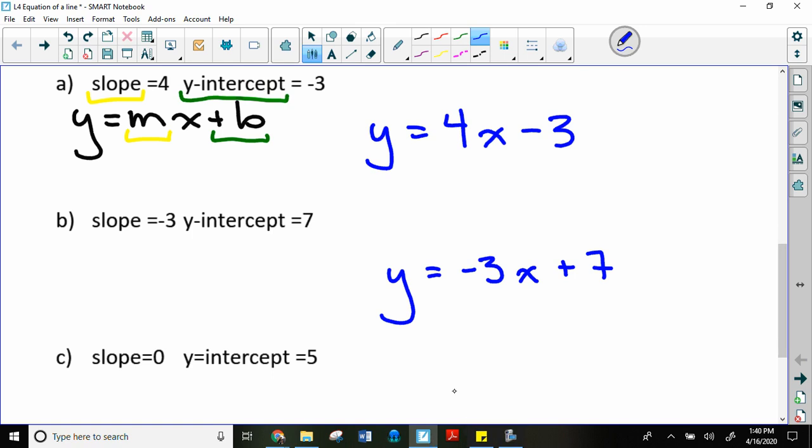And then the last one, replace the m with slope, so 0x, and replace the b with the y-intercept, which is a positive 5. Now, 0 times anything gives you 0. So this would end up just giving us y equals a positive 5, or 5.